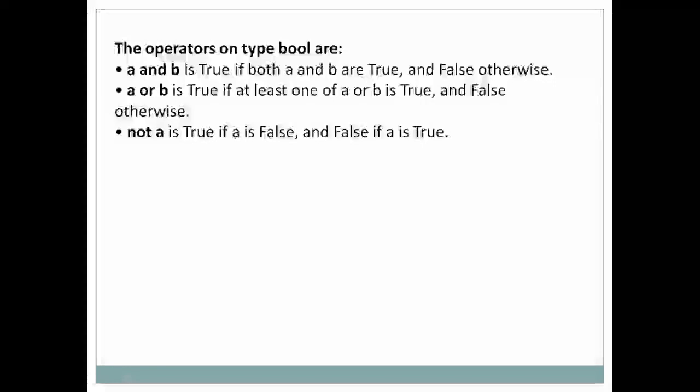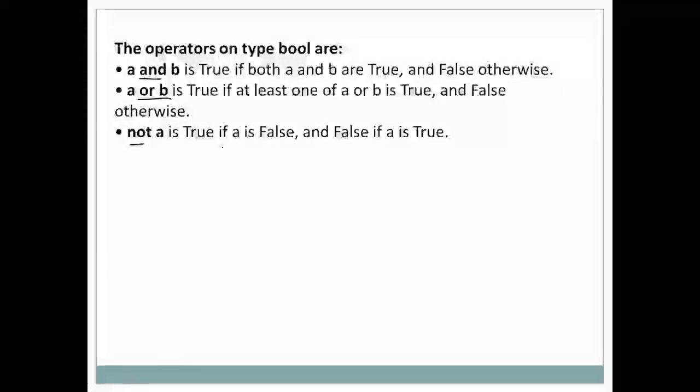And if we type not a, it is true if a is false, and false if a is true. So these are logical operators which can be used in Python. The operators are and, or, and not. If both the operands of the and operator are true, then the result is true, otherwise it is false.